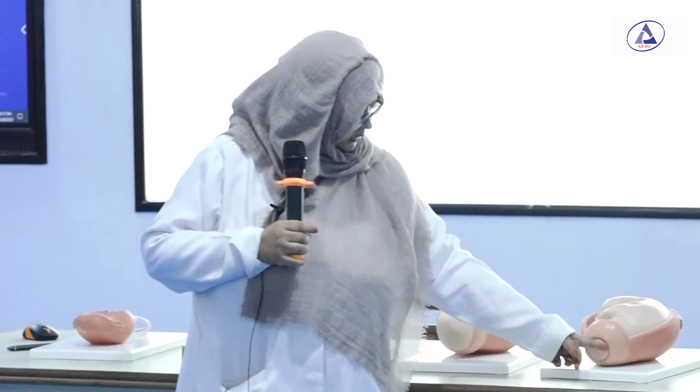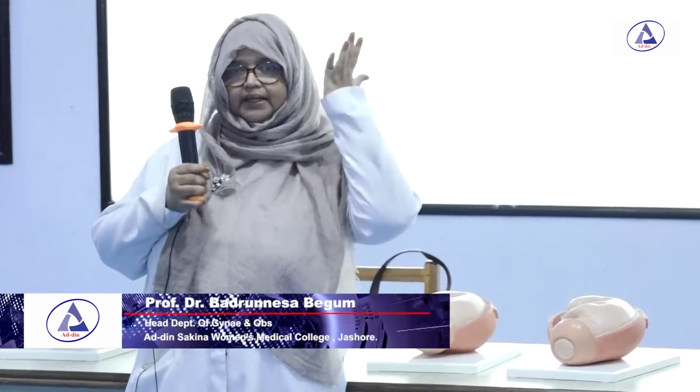Full dilatation is called 10 centimeters. When the cervix is fully dilated, you cannot feel it. It goes up, and the lower uterine segment merges with the upper uterine segment. You cannot feel the cervix when it is fully dilated and taken up.